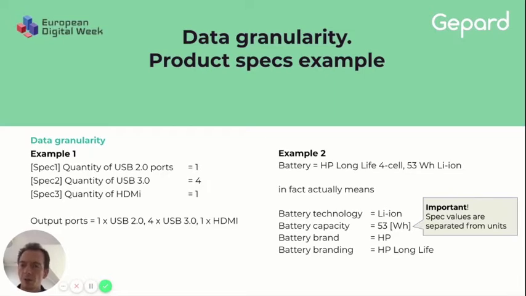Here comes an example. You can see an example of a highly granular data set of product specs on input and output ports. In this example, you see 3 specs representing each type of port separately.